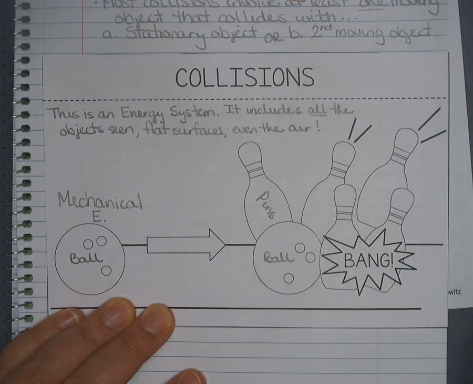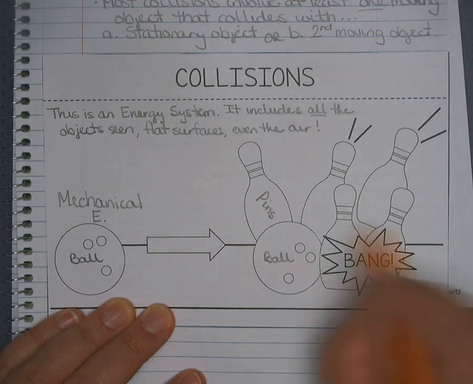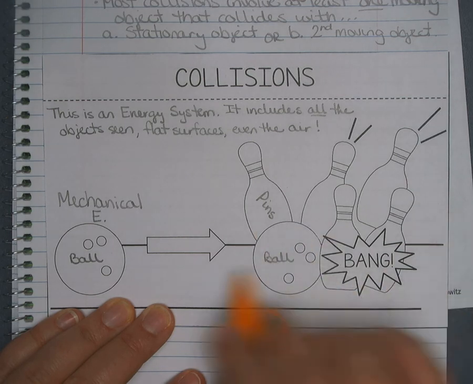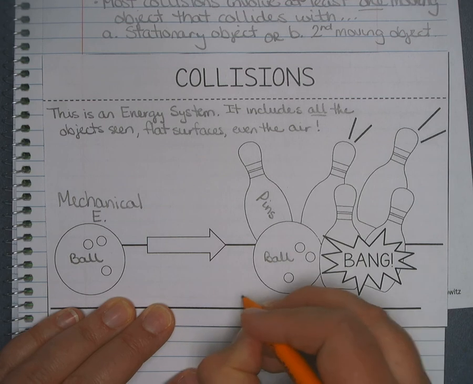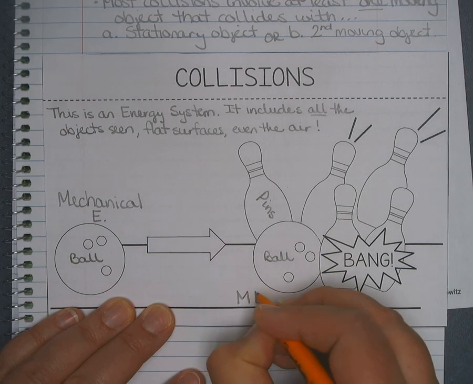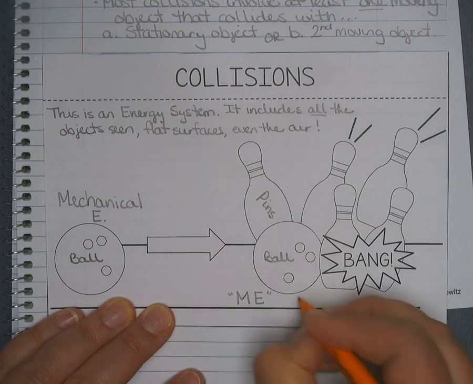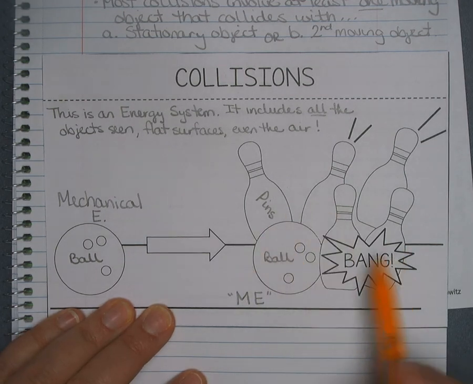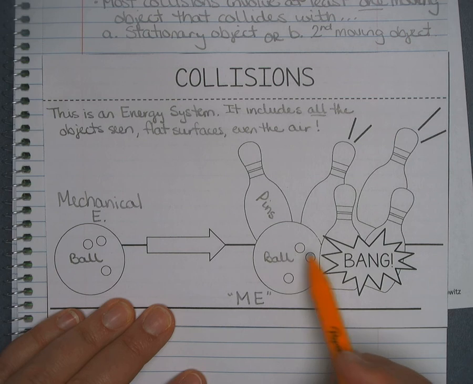Now, several different forms of energy are created with these pins, okay? We get some additional mechanical energy, and I'm just going to say ME down here, because the ball is going to continue moving. Once it hits and collides with the pins, the ball just doesn't immediately stop.